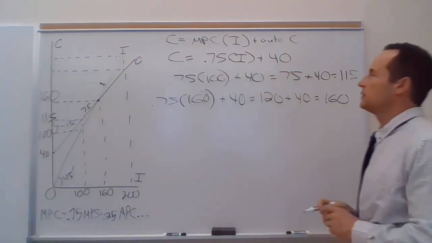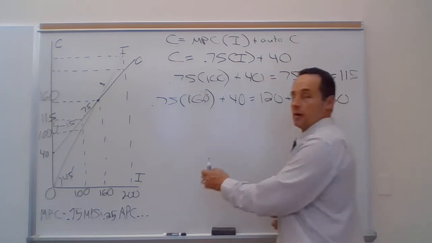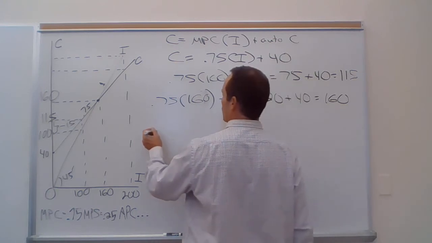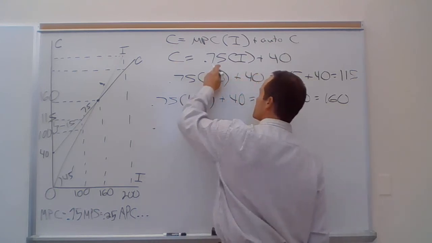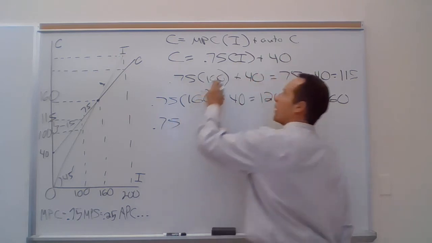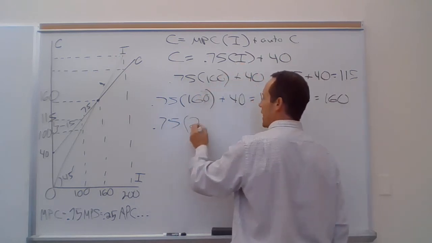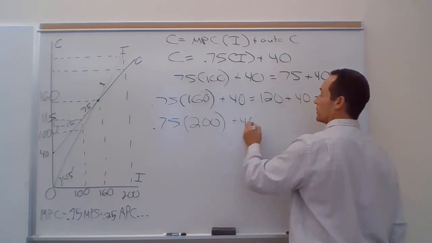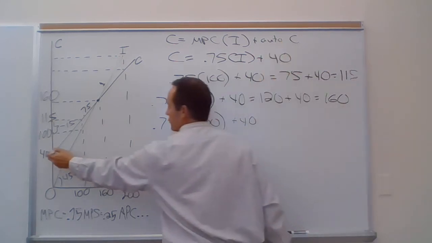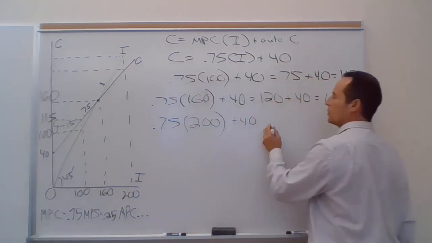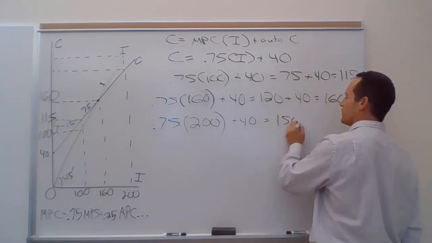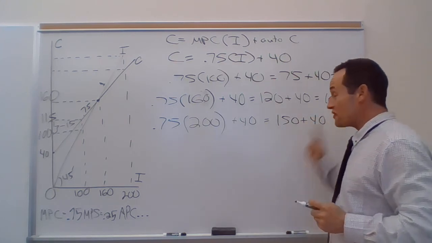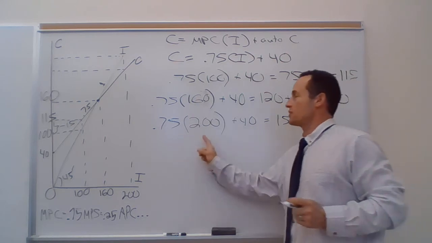Our third example: what about income of 200? Let's have a look. We are going to spend 75% of our income, which at this level is 200, plus 40. Always 40, 40, 40, 40. So this equals 150 plus 40. 150 is 75% of 200.